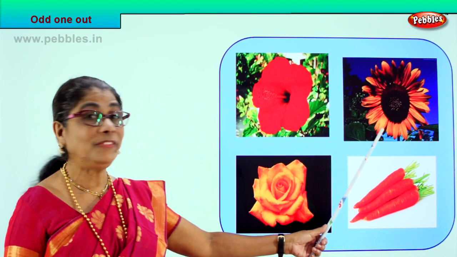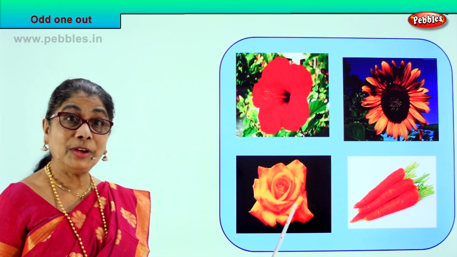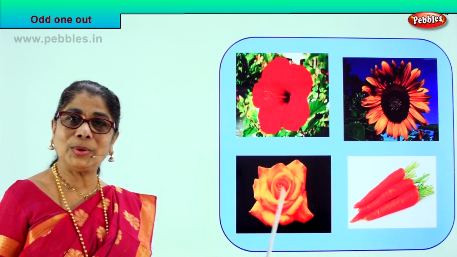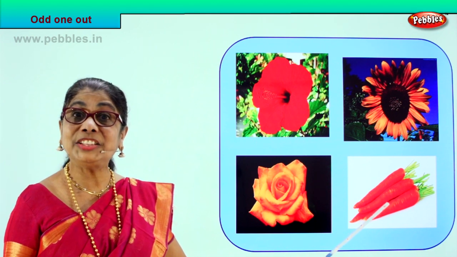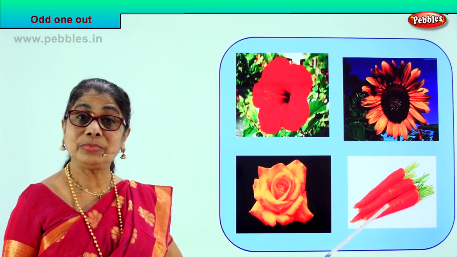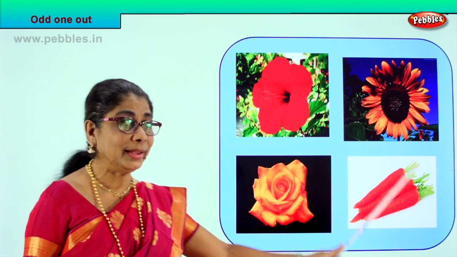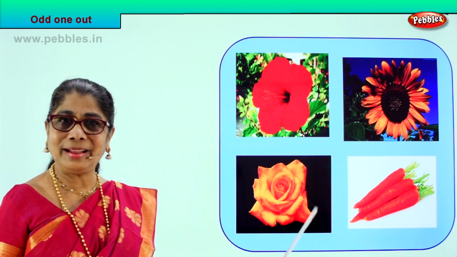So we have sunflower, shoe flower, hibiscus. We have rose. 3 are flowers. 1, 2. And this is a vegetable. Very good. Is vegetable part of this? No. So the odd one here is the vegetable. 3 are flowers.